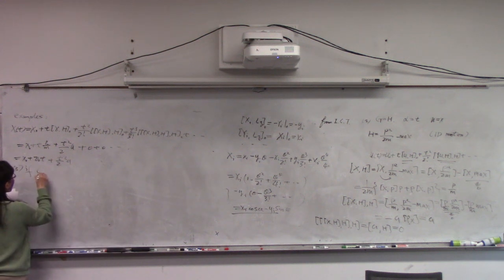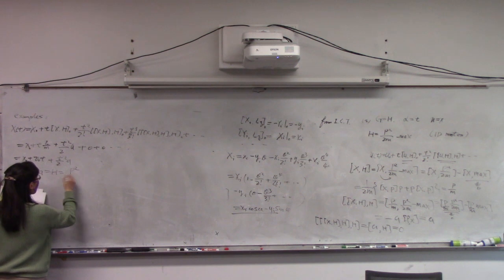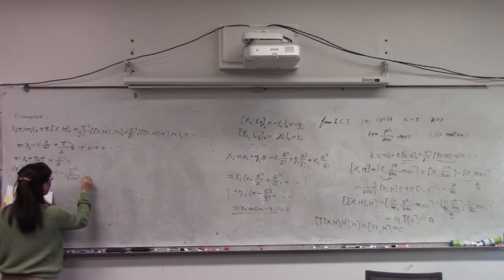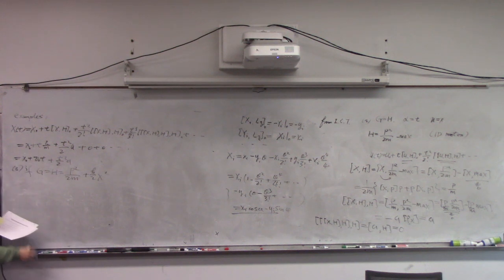So if H is a harmonic oscillator, a simple harmonic oscillator. Okay. Now we are going to find this, right?